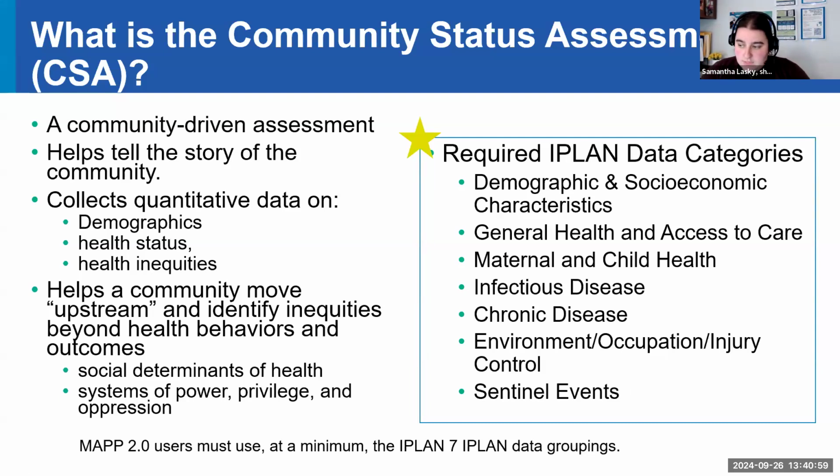It informs and collects quantitative data on the status of your community, such as demographics, health status, and health inequities. It helps move a community upstream and identify inequities beyond health behaviors and outcomes, like social determinants of health and systems of power, privilege, and oppression.